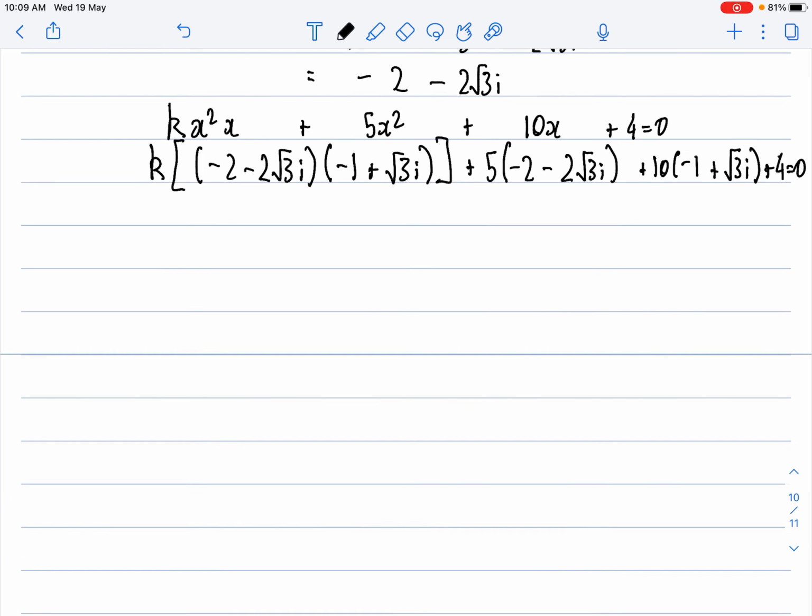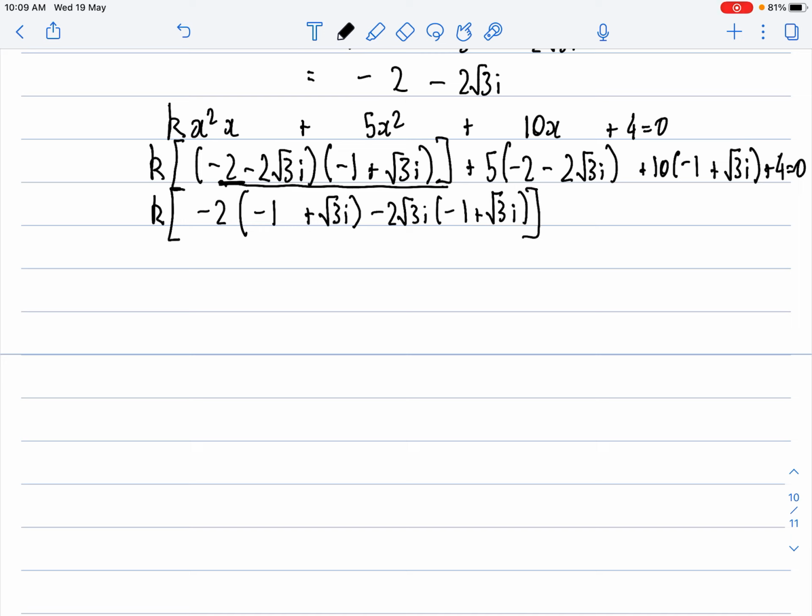So now I can simply expand everything. First I'll expand this bracket. This is basically minus 2 root 3i into minus 1 plus root 3i.